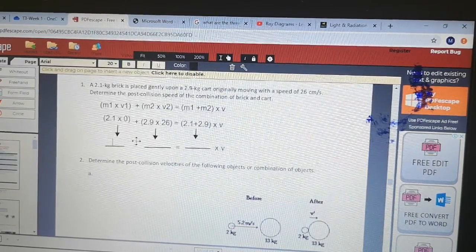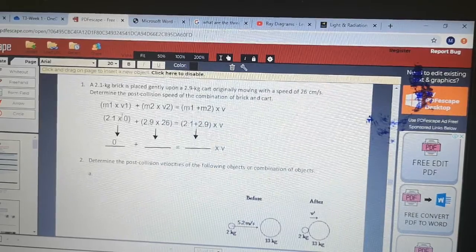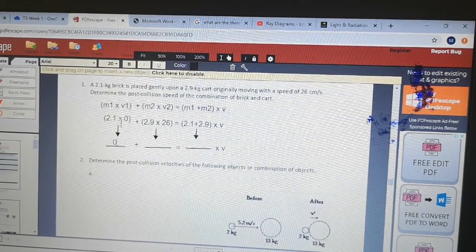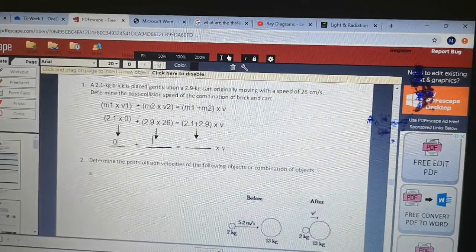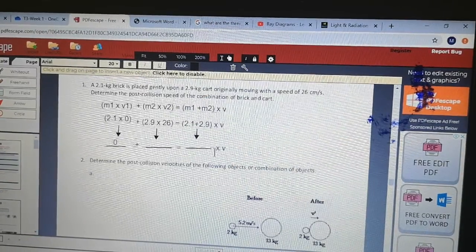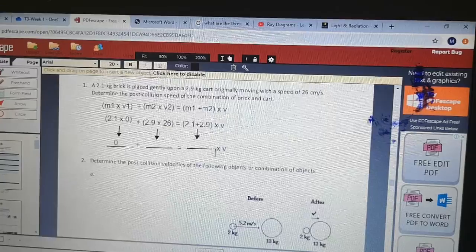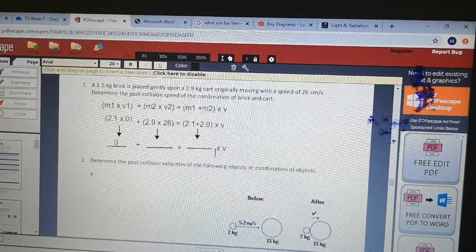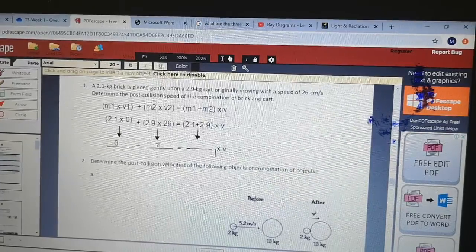2.1 times 0 is 0, remember, about 0. How many 2.1s are there if you have 0 of them? Well, there's 0. 2.9 times 26. That's going to need a calculator. 75.4.